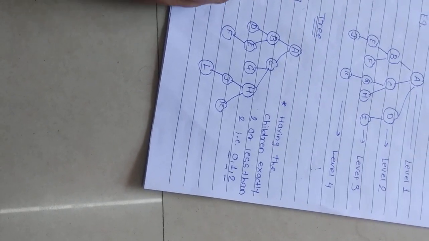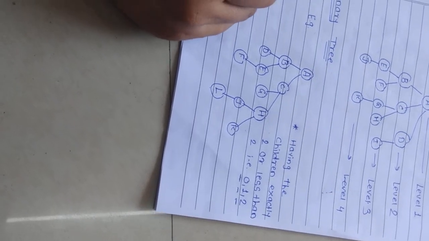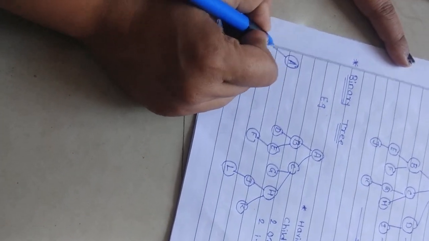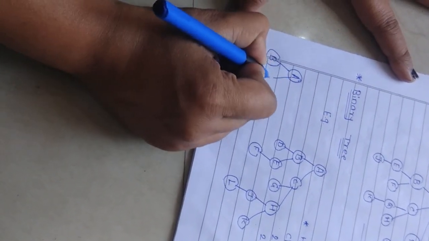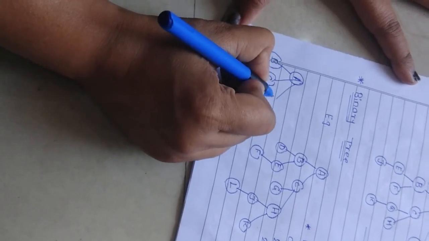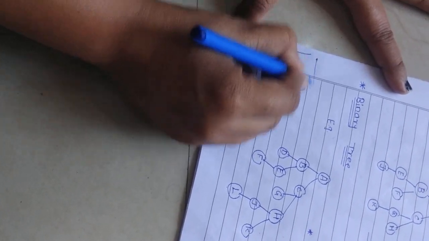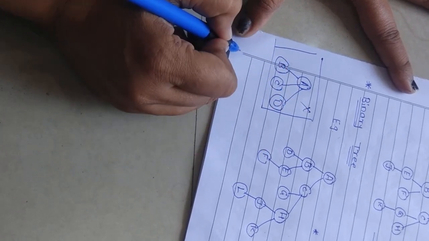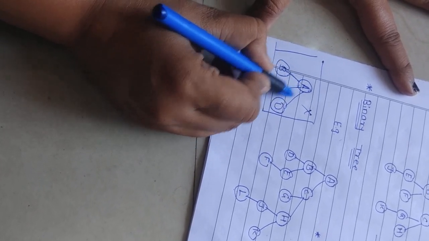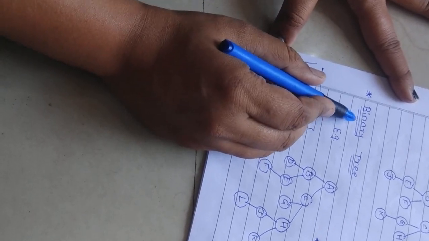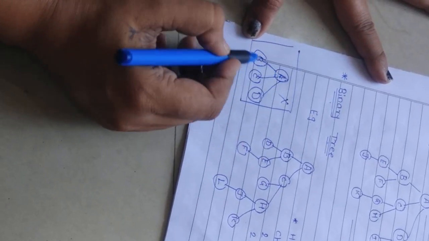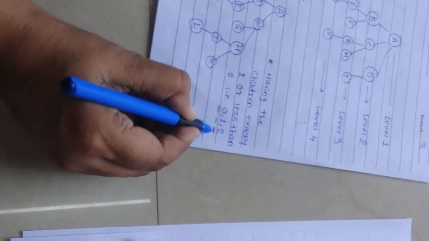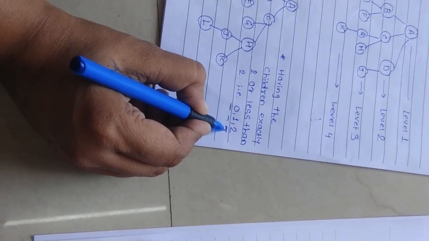Okay, it's clear. Now take another example. Suppose consider node A and it has 3 children, B, C and D. Now it is not a binary tree because A has 3 children, and according to the definition of a binary tree, every node has a maximum of 2 children.